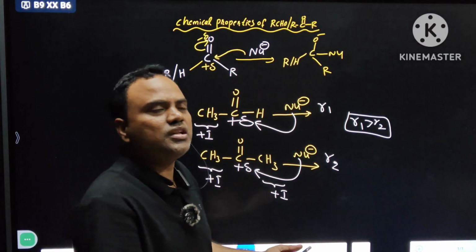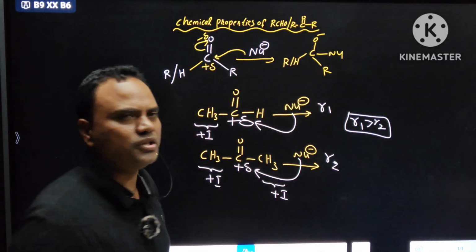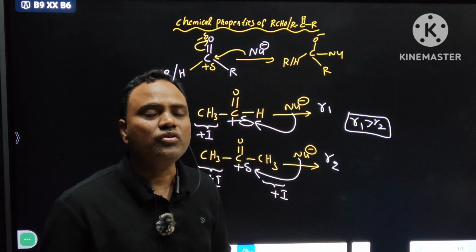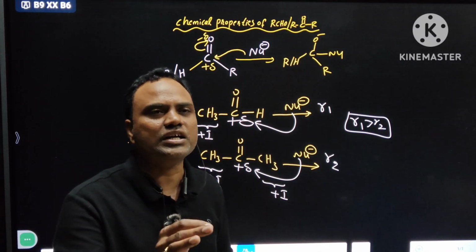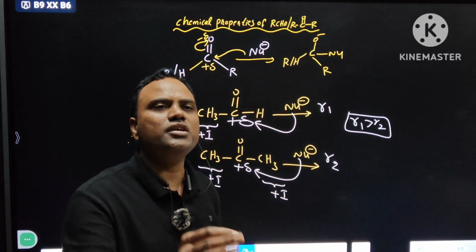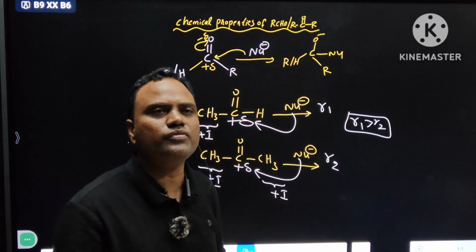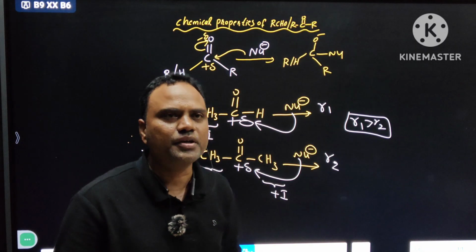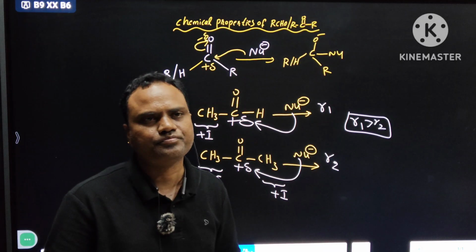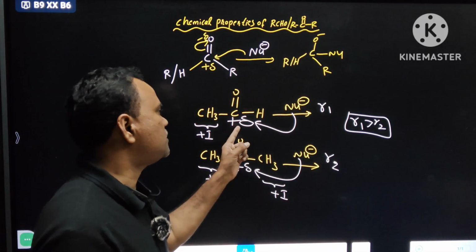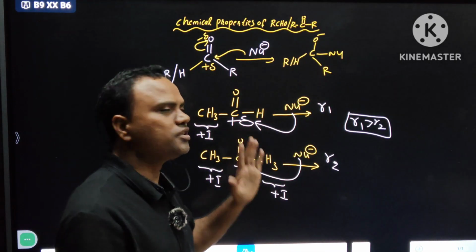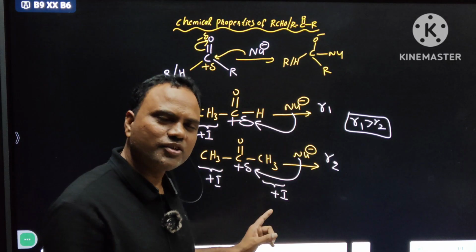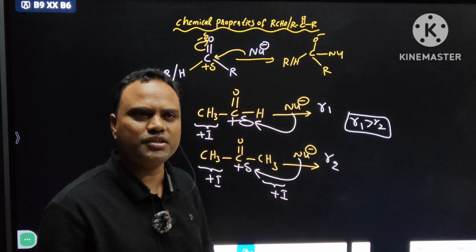If positive charge is large, then nucleophile attacks easily. Very very very important reactivity comparison. Aldehydes are more reactive towards nucleophilic addition than ketones because in aldehydes positive charge is more. In ketones positive charge is less. Clear?